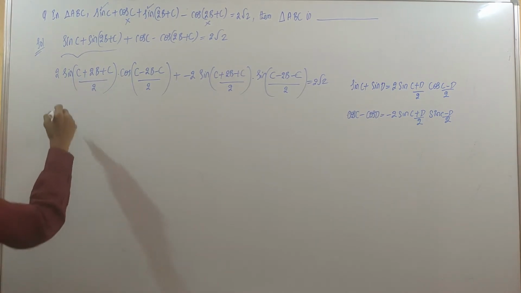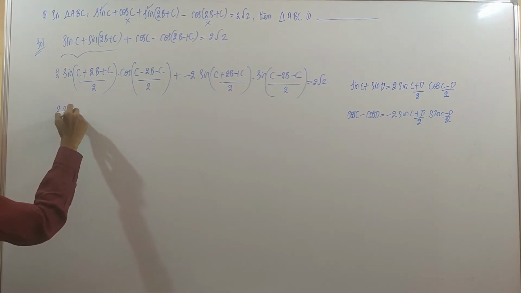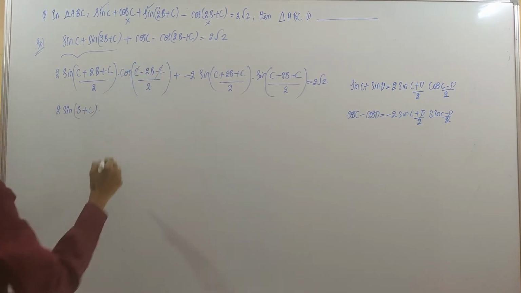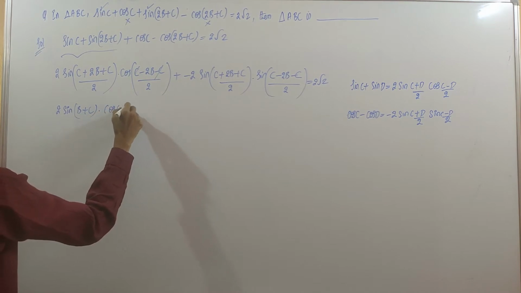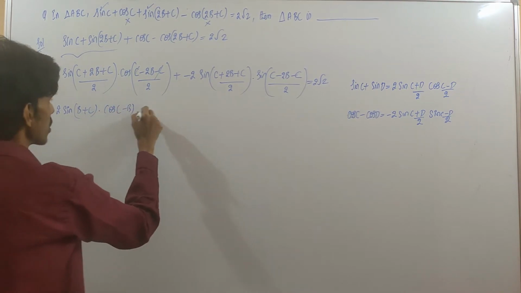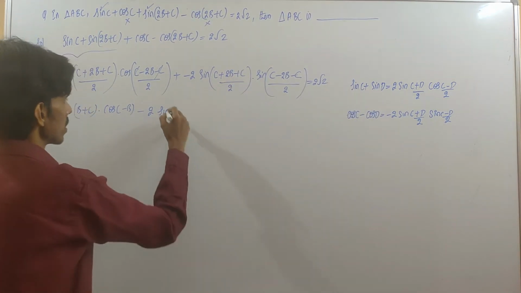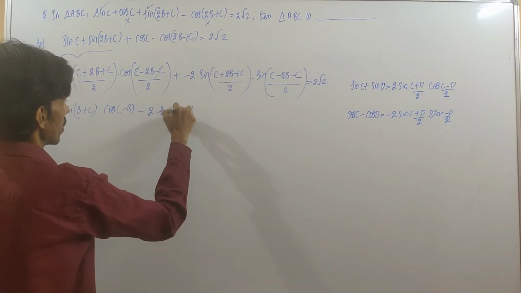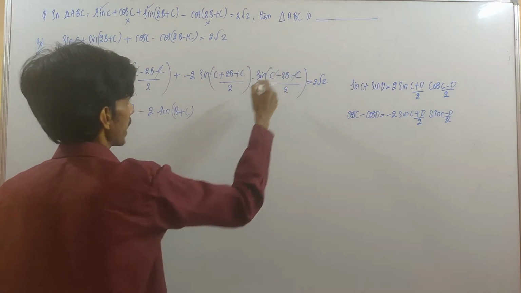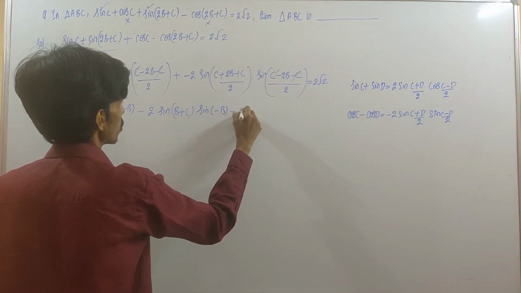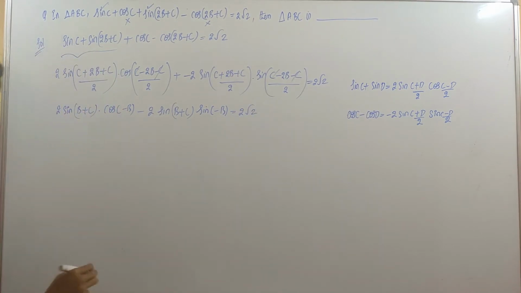Now this 2 and this 2 will get cancelled. So we have 2 sin (B plus C) here. Here we have cos of minus B. This will become minus 2 sin (B plus C). Here we have minus sin B, sin of minus B, is equals to 2 root 2.